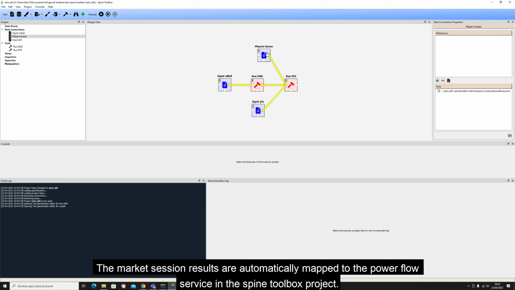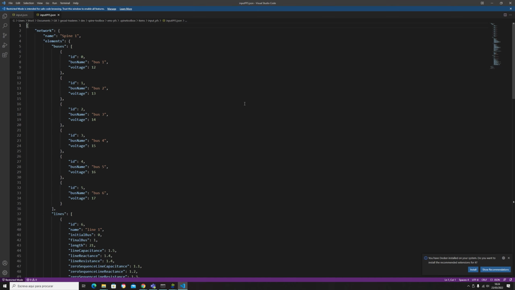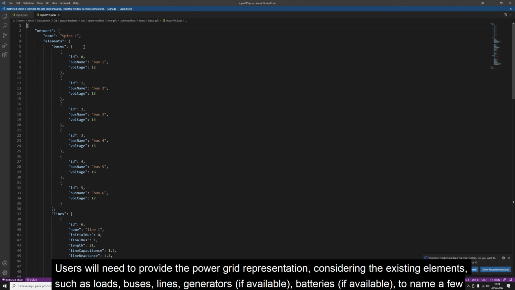The market session results are automatically mapped to the power flow service in the Spine Toolbox project. Users will need to provide the power grid representation considering the existing elements, such as loads, buses, lines, generators if available, batteries if available, to name a few.